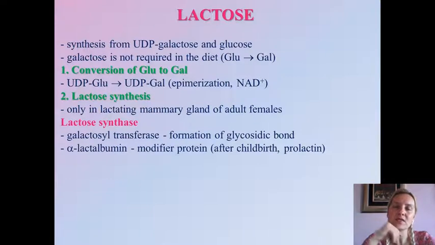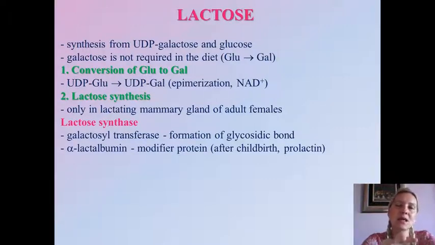But lactose is a molecule that can be synthesized in our organism, not only digested and degraded in the gastrointestinal tract, but rather synthesized from UDP-galactose, the activated form we saw previously, and glucose molecules.